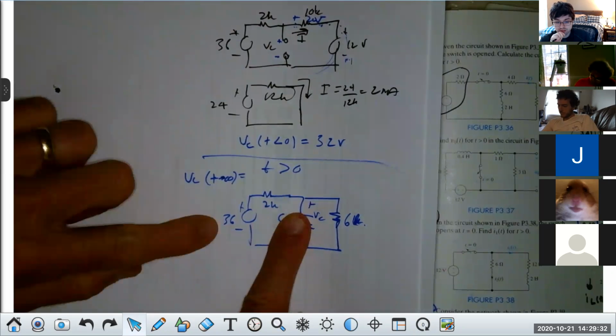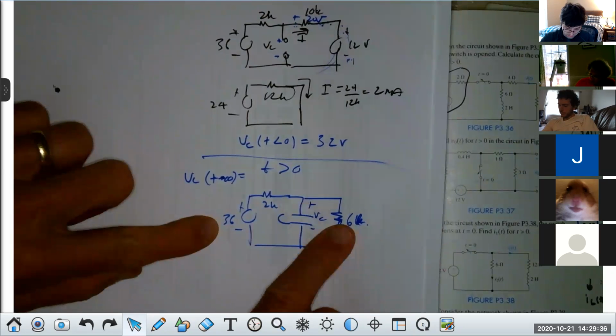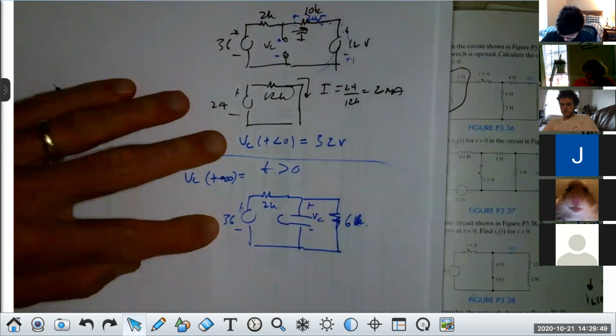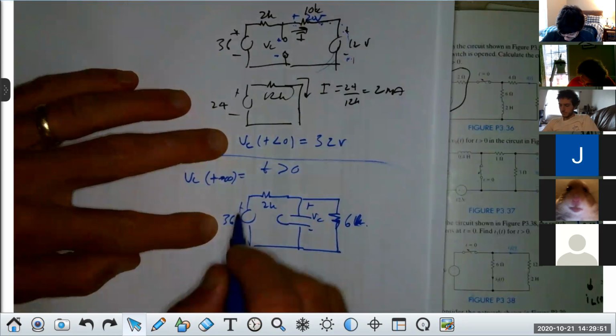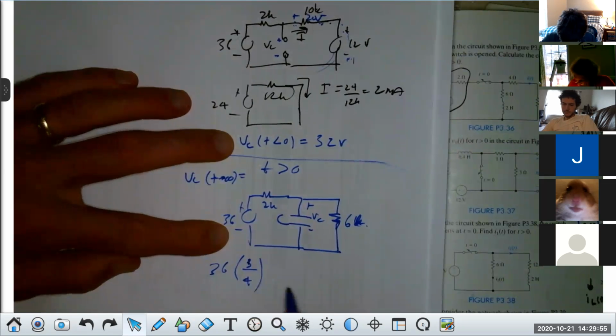Absolutely. 36 times 6 over 6 plus 2, or 36 times 6 divided by 8, or 36 times 3 divided by 4. I'll write it down. So this would be 36 times 3 divided by 4. Oh, 4 into 36. Is that 9?